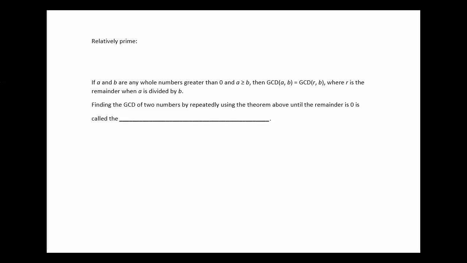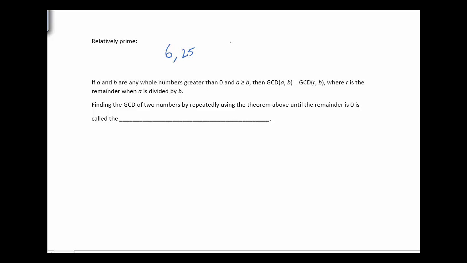All right, so that brings us to another definition called relatively prime. Let me start with a general idea of what this refers to. If I take any two numbers, it doesn't necessarily mean they are prime, but any numbers, let's take something like 6 and 25.